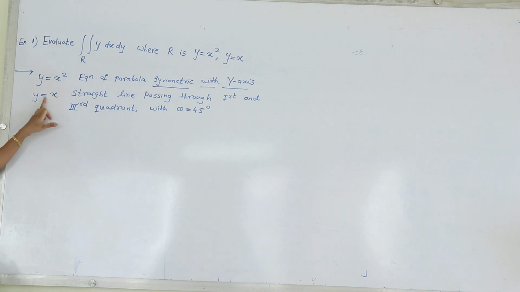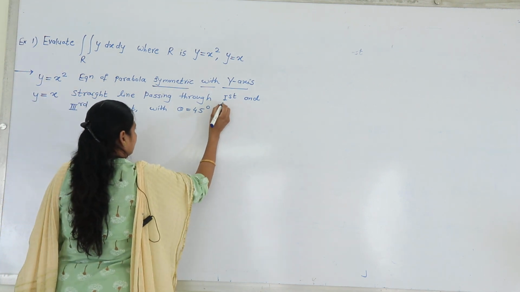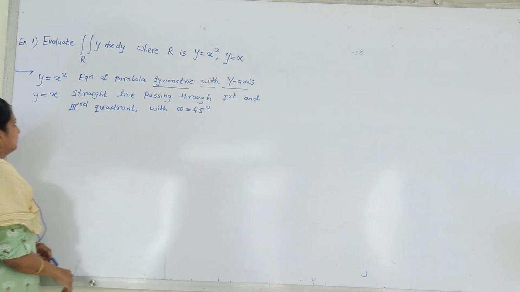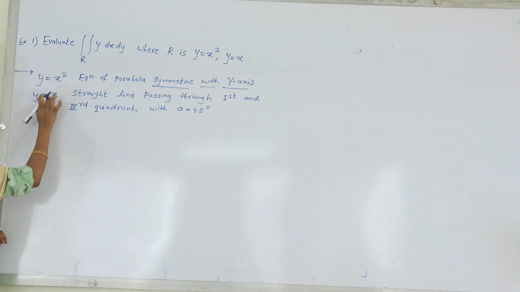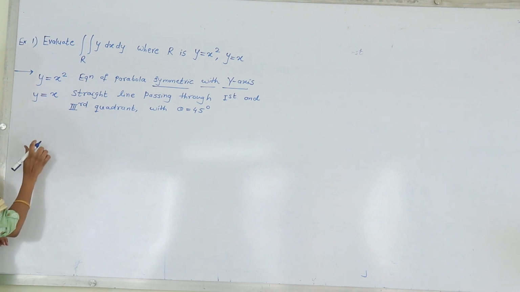Y is positive and x is positive, therefore this is only in the first quadrant. Y is equal to x square and y is equal to x. All the coordinates are positive, therefore the figure is in the first quadrant.